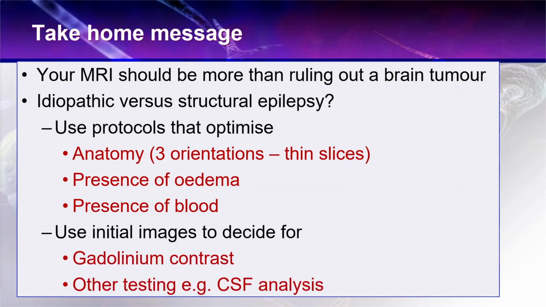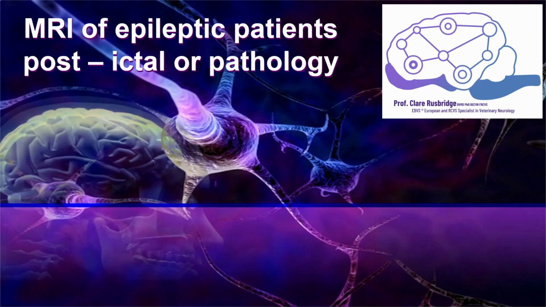And then you need to use your initial images to decide on gadolinium contrast and other testing such as CSF analysis. And in the third lecture of this series, we're going to be talking about MRI of epileptic patients and whether the changes you can see are post-ictal or pathology.